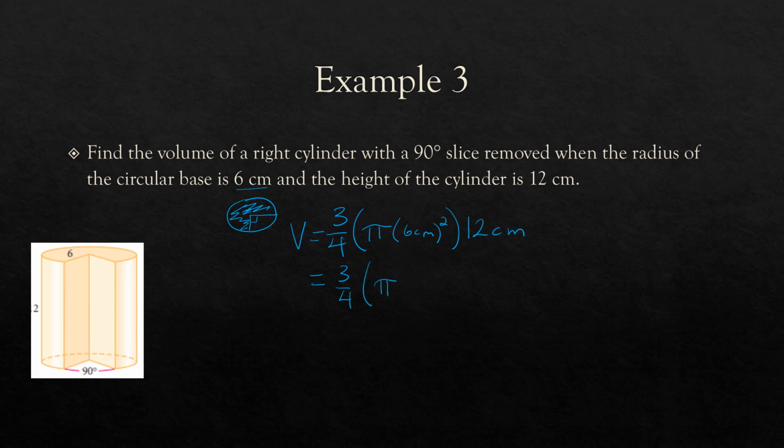Six centimeters squared times 12 centimeters is 432, and this is now centimeters cubed. 3/4 of 432 is 324. And then if you want to approximate it, you multiply by 3.14, and you get 1017.9 centimeters cubed.